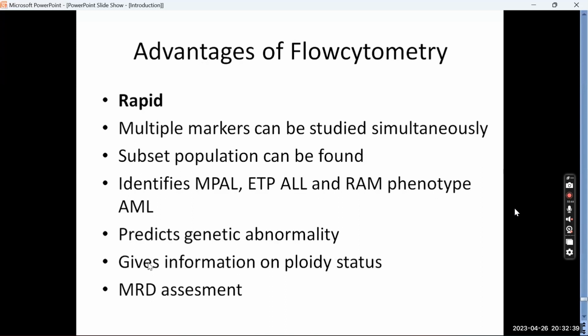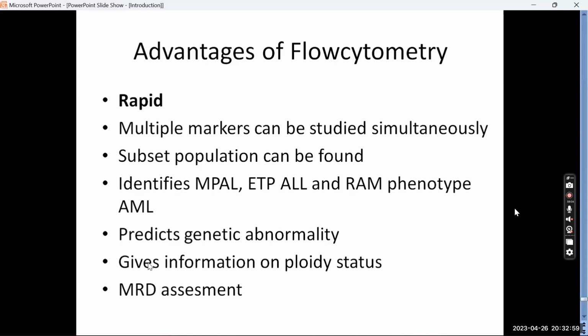I can find a small subset population. As I told you, we had a case where 98% of the blasts were negative for a marker. The treatment was given, the patient relapsed after 6 months, and when we did flow at that time, we had a completely different immunophenotype.